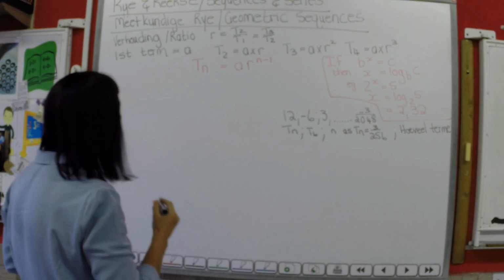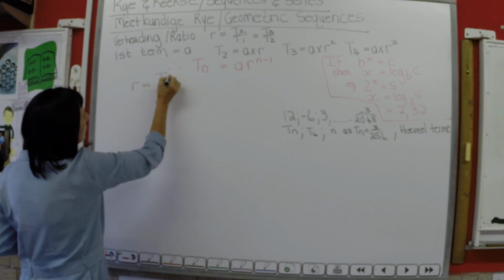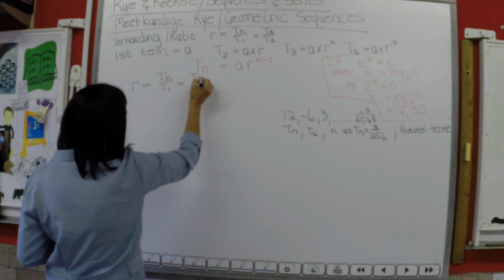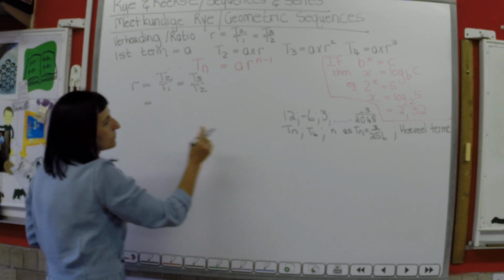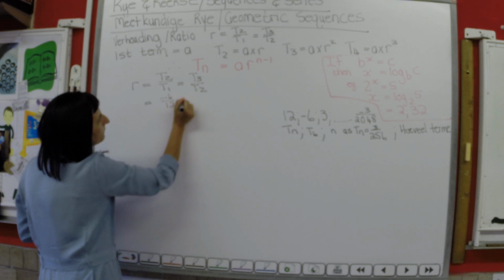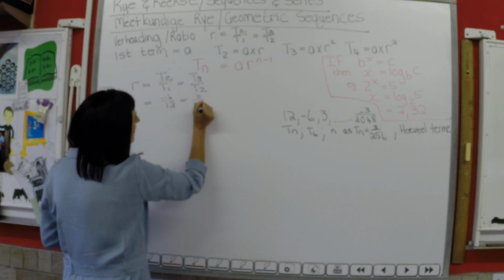So die eerste ding wat ek gaan doen, is ek gaan vir R uitwerk. R is term 2 gedeel deur term 1, is gelyk aan term 3 gedeel deur term 2. So ek gaan sê, term 2 is minus 6 gedeel deur 12, term 3 is 3 gedeel deur minus 6.